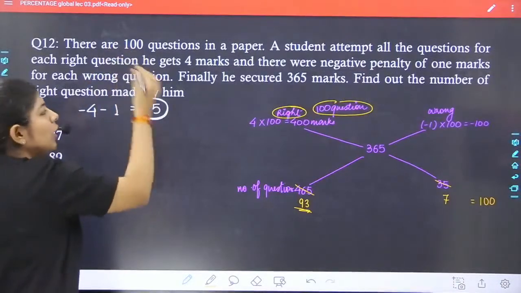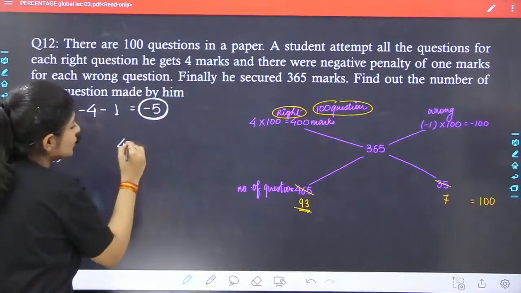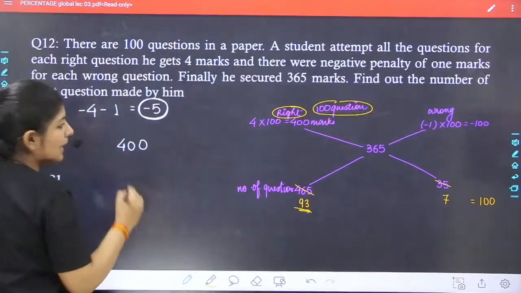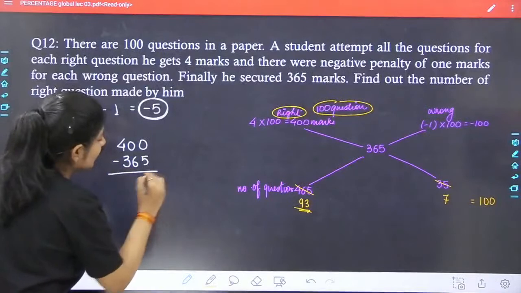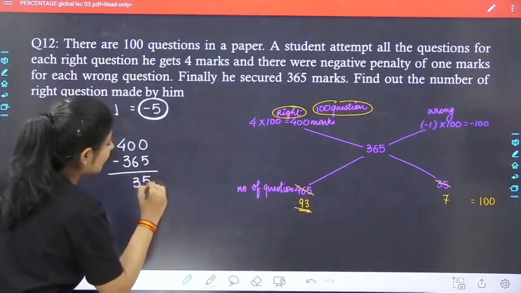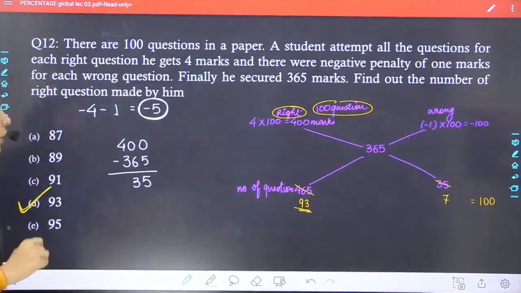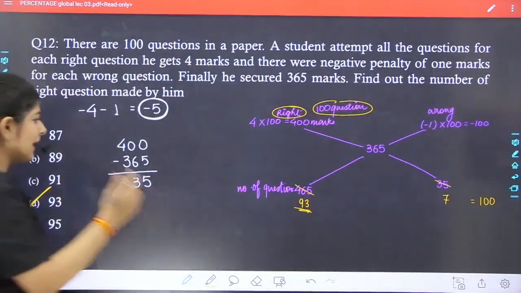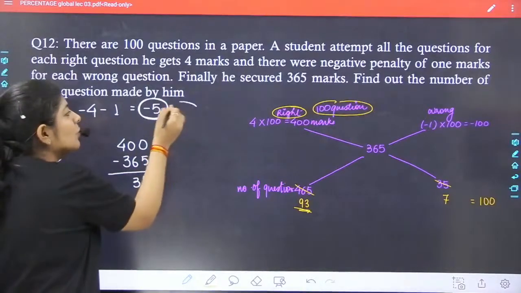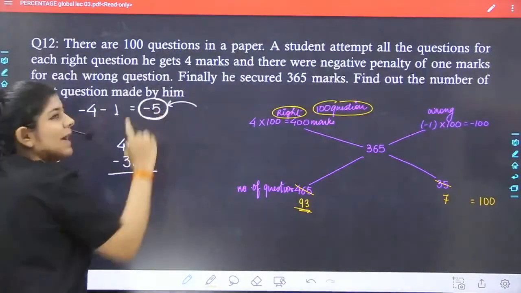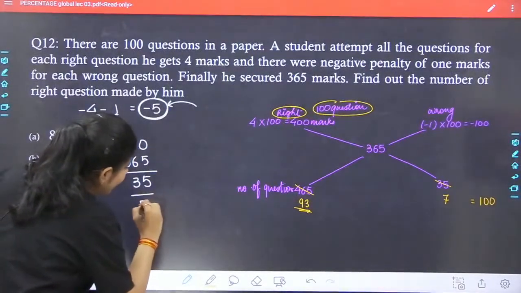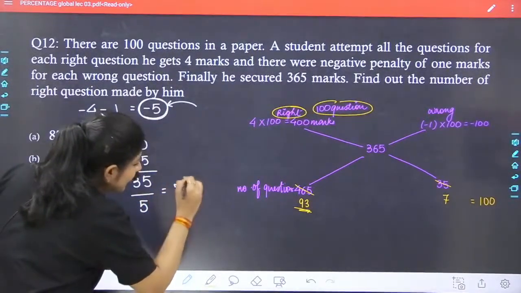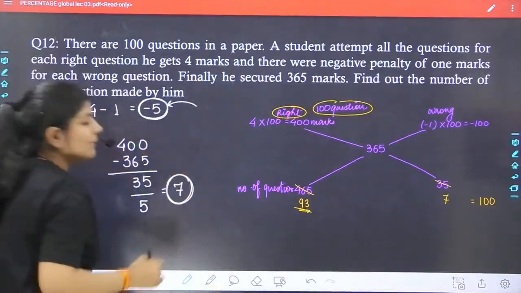If he made all questions correct, he would achieve 400 marks, but he only secured 365 marks. That means there is a difference of 35 marks. Now, to calculate the wrong questions attempted by him, we divide this by 5, the marks lost on every wrong question, and we get the number of questions he attempted wrong.